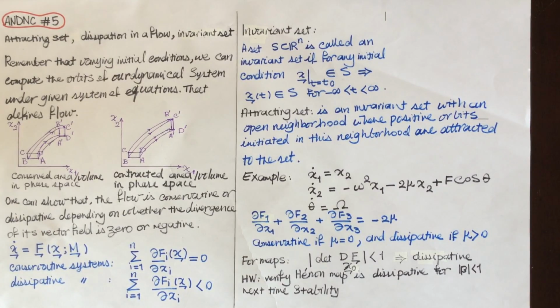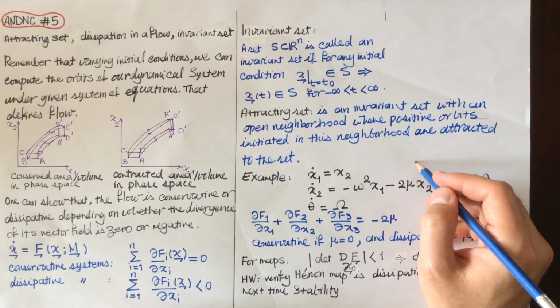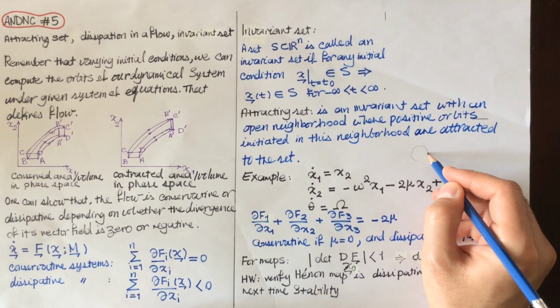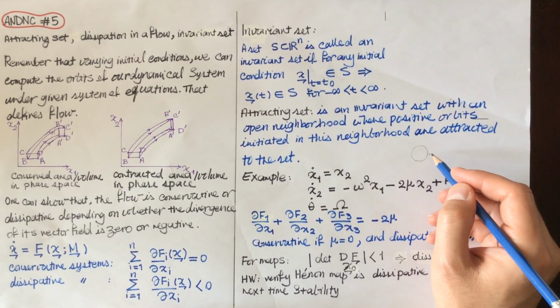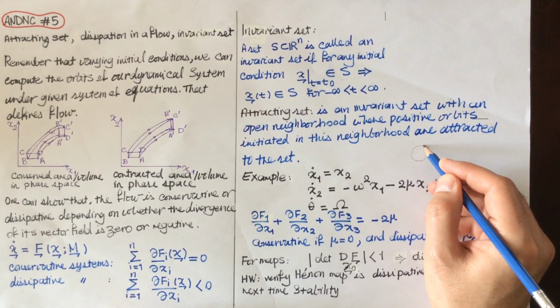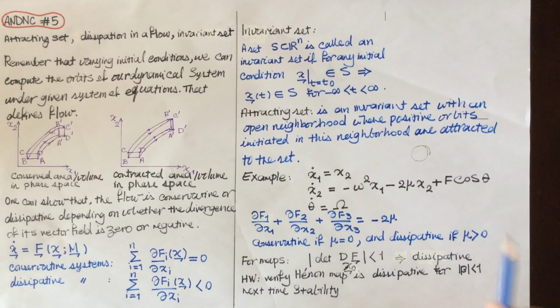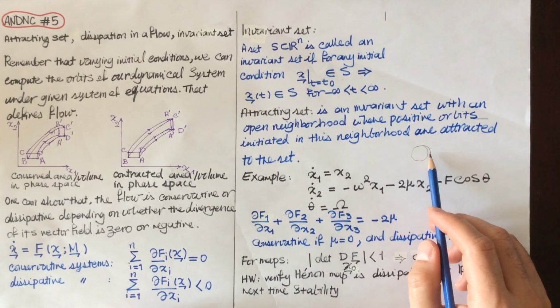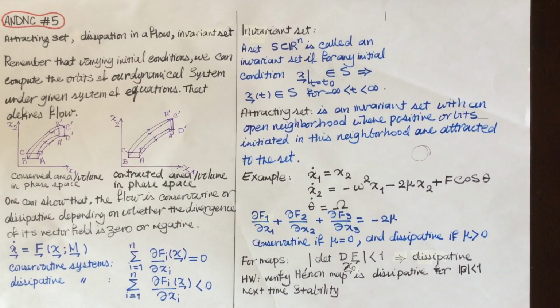So, for example, I could draw it this way. Say, if this was my invariant set, if I perturb my initial condition and land here, I know that after some time, I start computing the trajectory of the flow of the system, and I'm going to end up on this invariant set, because this invariant set in my phase space is an attracting set.